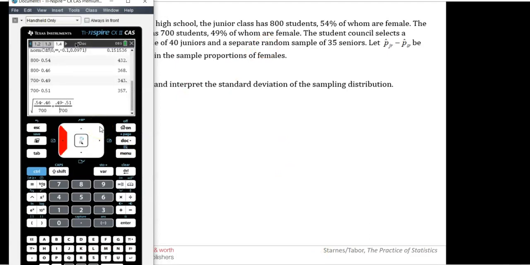I think I made a mistake. I think that should be 800. 0.025.